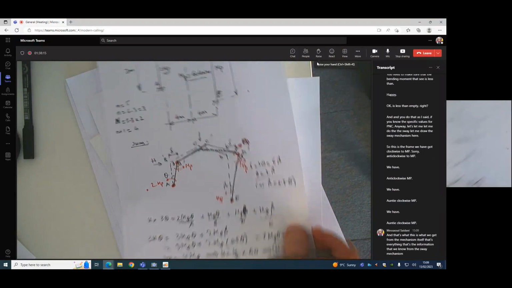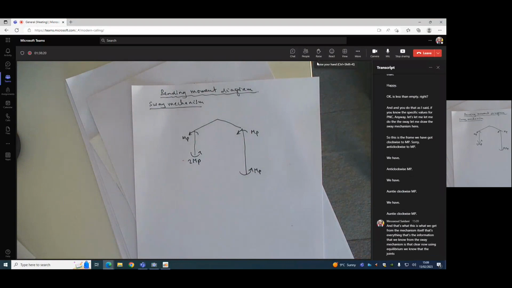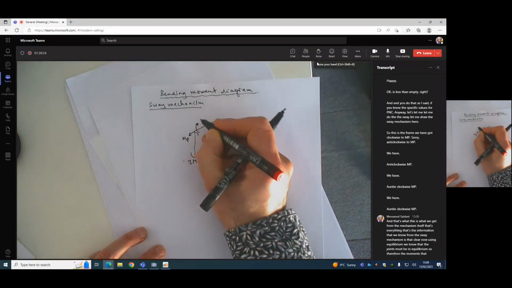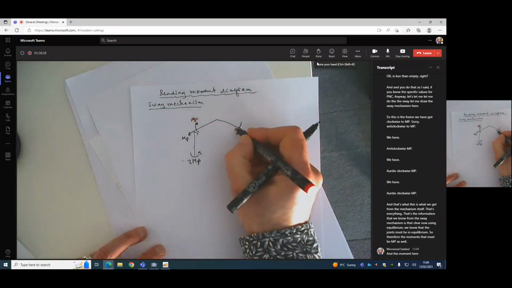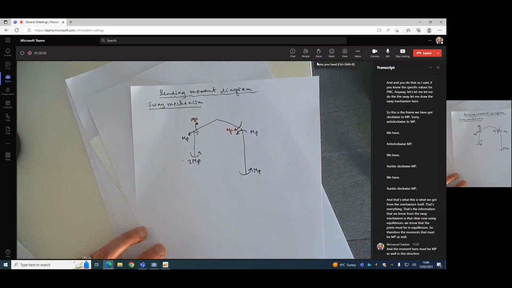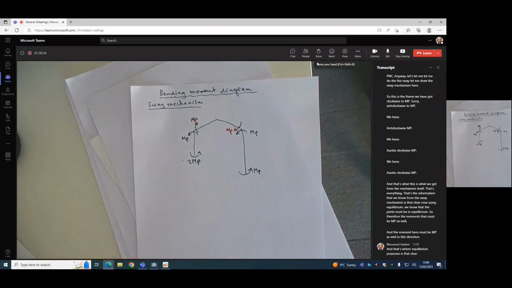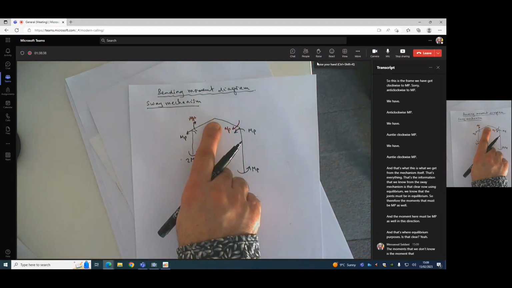Is that clear? Now, using equilibrium, we know that the joints must be in equilibrium. So therefore, the moments there must be MP as well. And the moment here must be MP as well in this direction. And that's for equilibrium purposes. Is that clear? Yeah. The moments that we don't know is the moments at C, right?